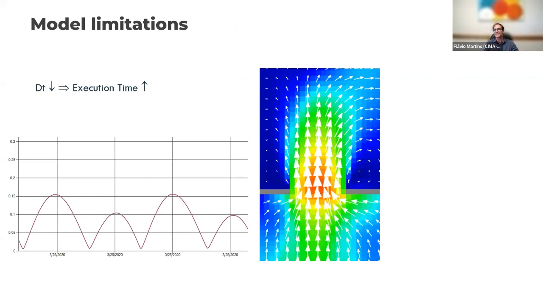I know that it's impossible to explain everything, but at least you get a flavor, an idea of what a model does. It picks the equations, transforms and discretizes them, and needs to solve them. So let's move a little bit further and see model limitations.